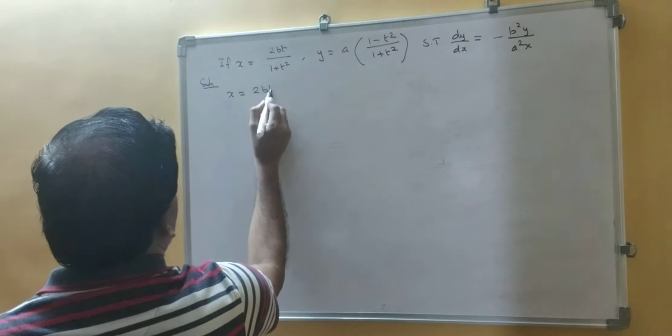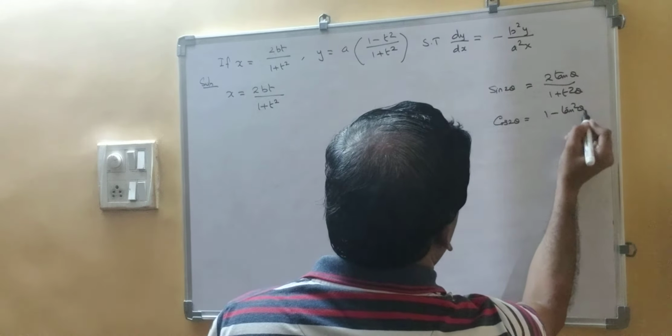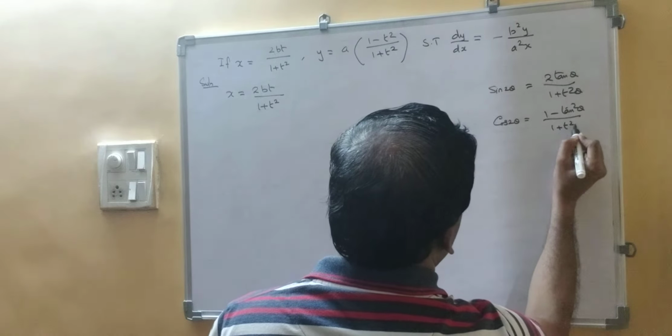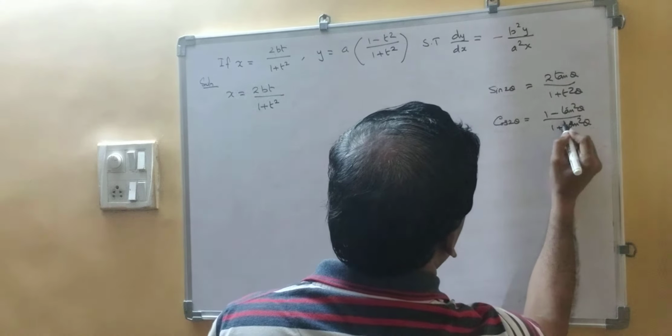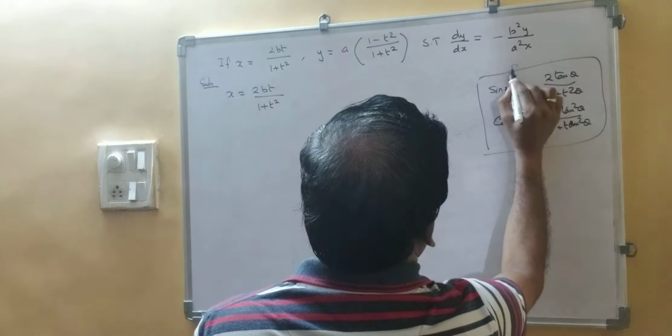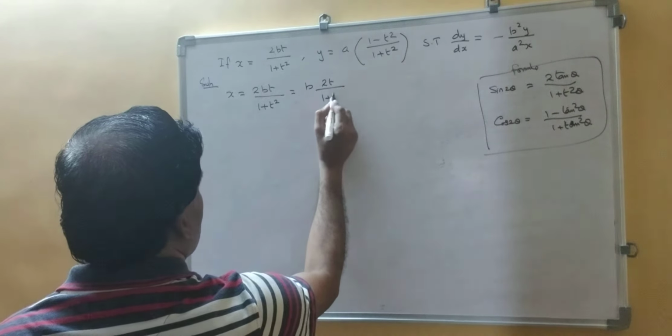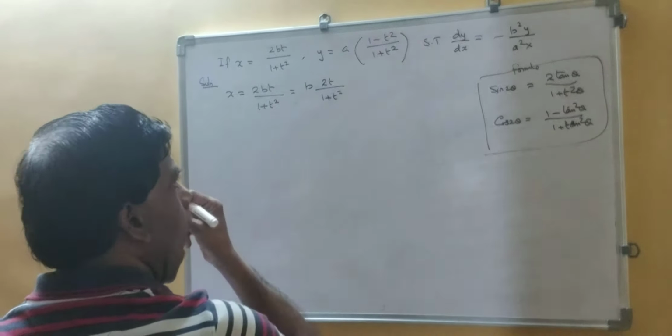And what is cos 2 theta? 1 minus tan square theta upon 1 plus tan square theta. Formula. So here 2 tan theta. So I will write b into 2t upon 1 plus t square. See, this is of this form.